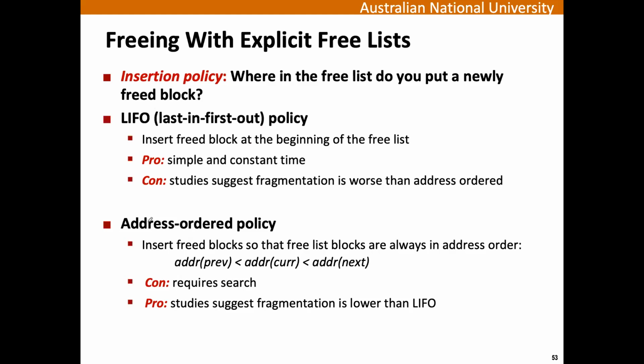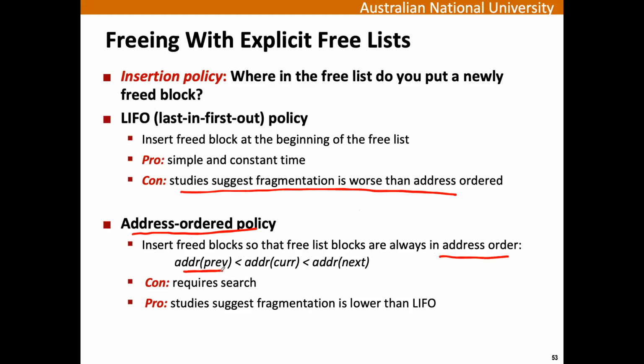The other policy is the address ordered policy, and studies suggest that fragmentation is lower with address ordered. As I was saying, memory allocators are full of heuristics. You cannot always reason about why something leads to less fragmentation. The second one is the address ordered policy, where all the blocks are in address order.